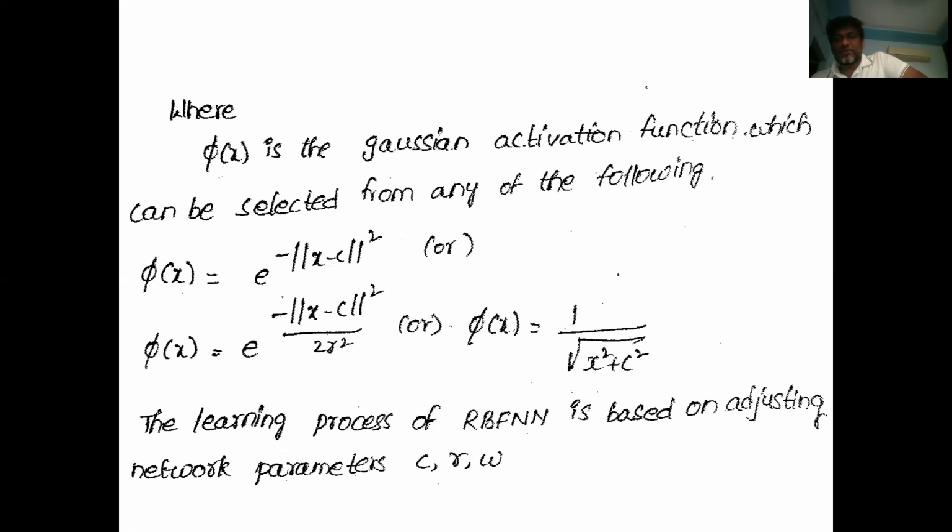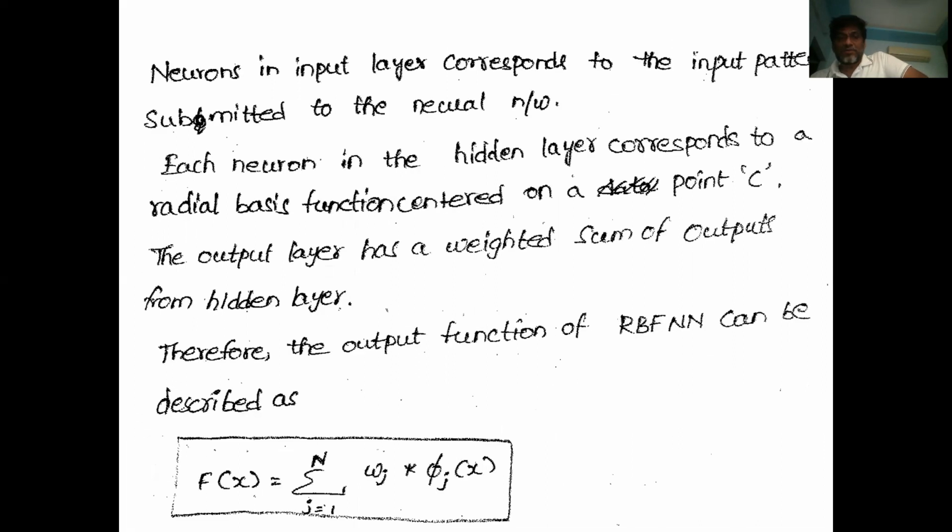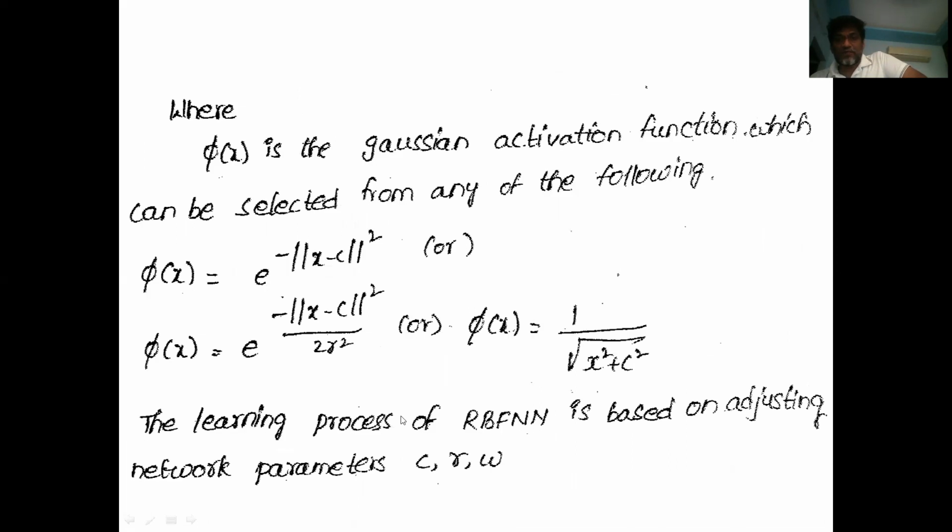Or the third option is phi of x is equal to 1 by square root of x square plus c square. Okay, so our final motto is to calculate f of x for training purpose. Therefore, it involves the use of any of these activation functions, which involve C and R as terms, and finally, the weights between hidden layer and output layer need to be calculated.